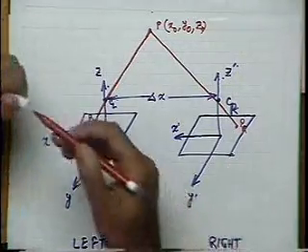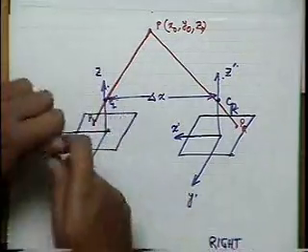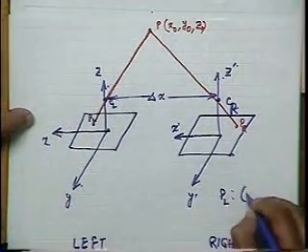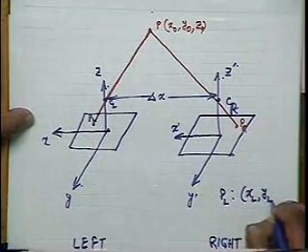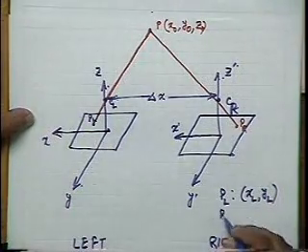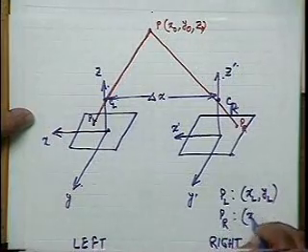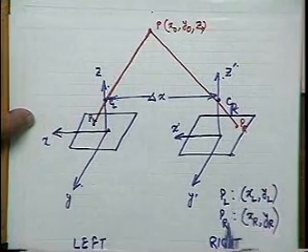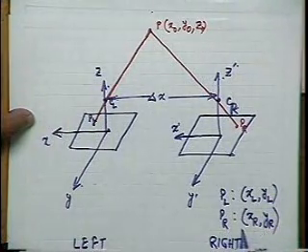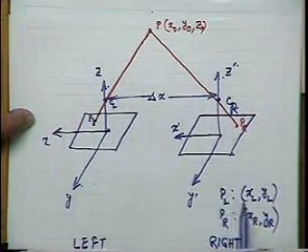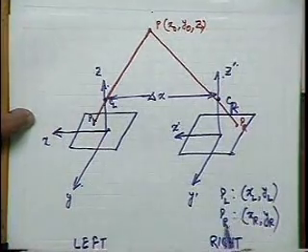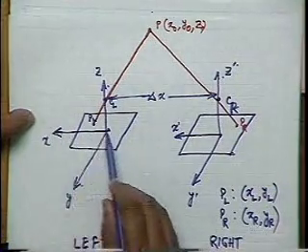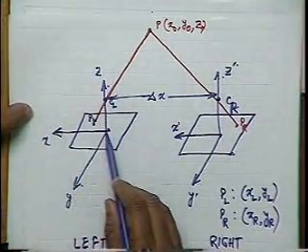I am assuming that the point PL has coordinate XL, YL, and the point PR has coordinate XR, YR. Please make a note that the coordinates of both PL and PR I am now representing with respect to the origin of the first camera.